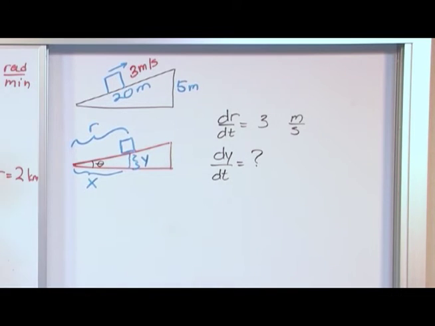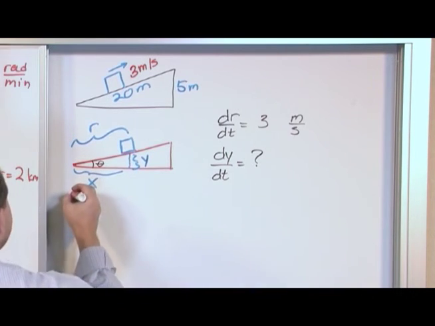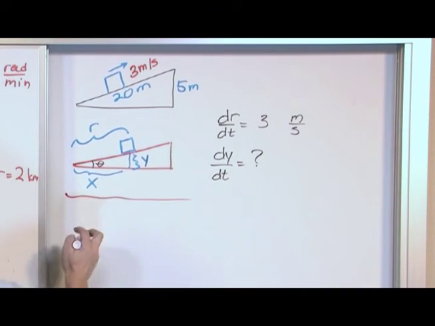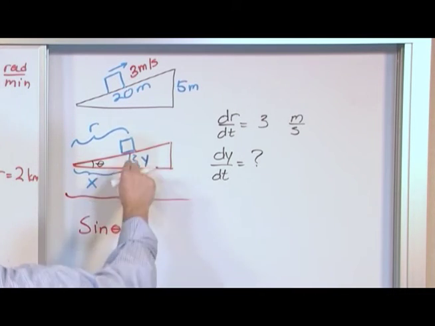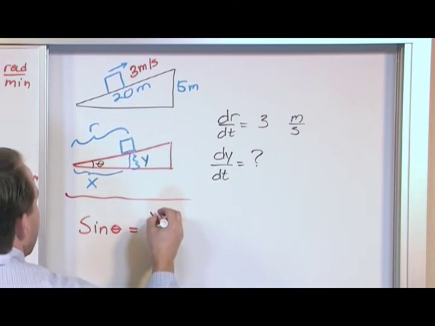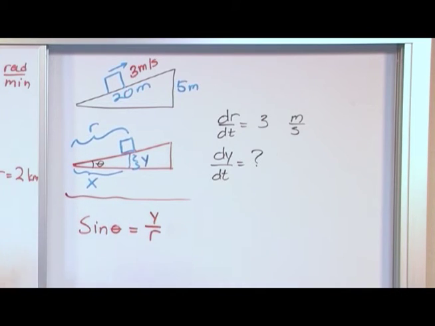The next thing I need to do is find an equation that expresses some of these variables. There are many ways to do it, but this is the way I choose. I'm going to look at this angle and say sine of this angle is equal to opposite over hypotenuse, which is y over r.